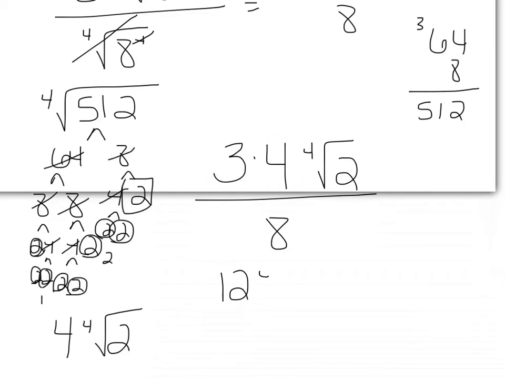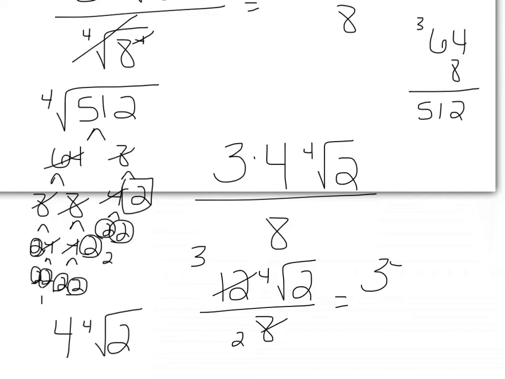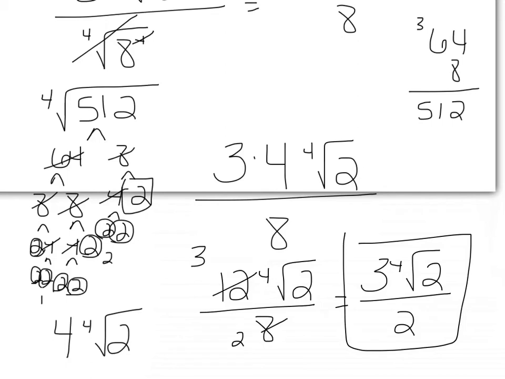So that's 12 fourth root of 2 over 8. 12 over 8 can be reduced to 3 over 2. So it's 3 fourth root of 2 over 2. And that is your final answer.